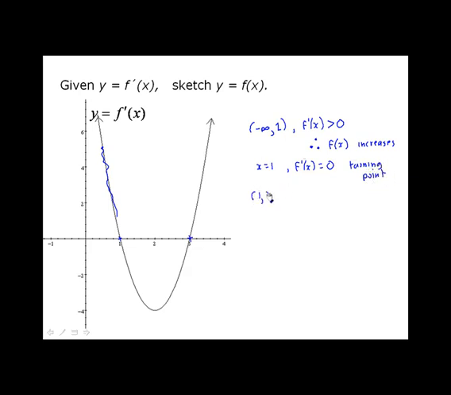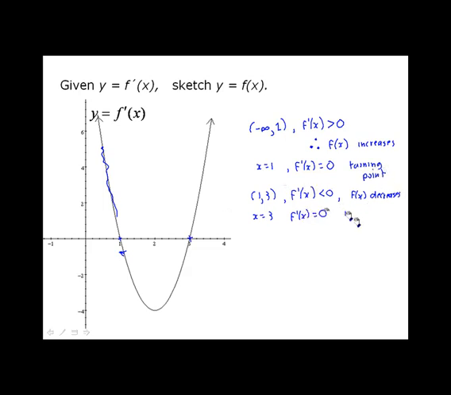And then from 1 to 3, the derivative is negative. It's below the x-axis. So therefore, we have f at x decreases. And then at x equal 3, the derivative is equal to 0.